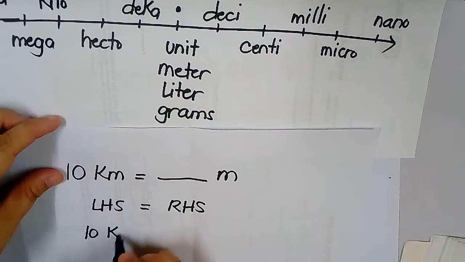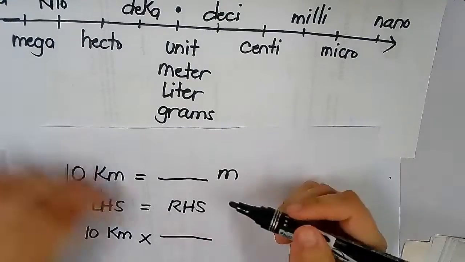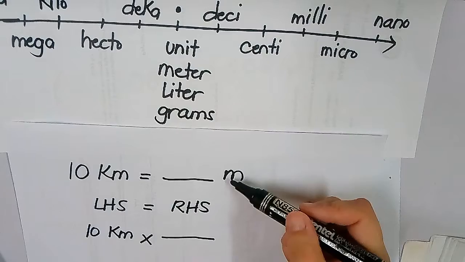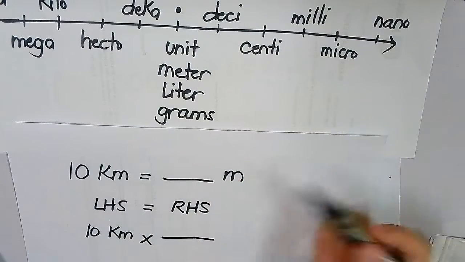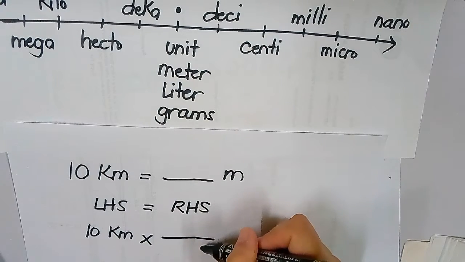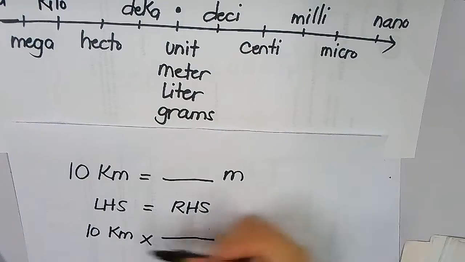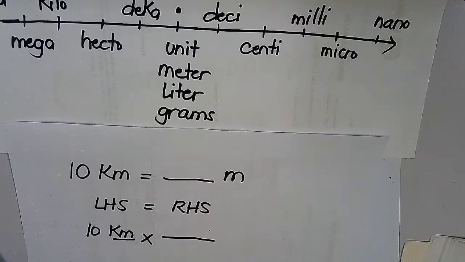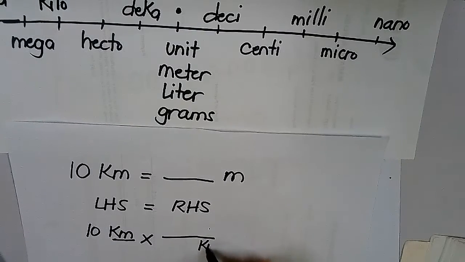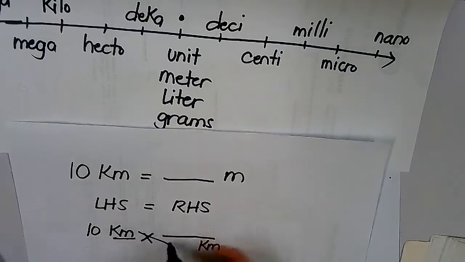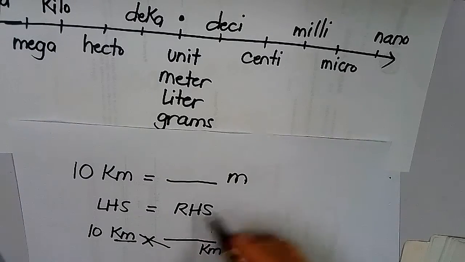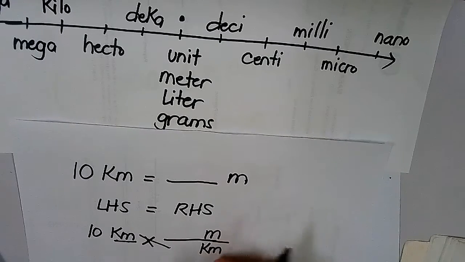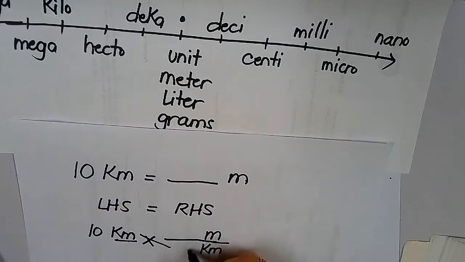So, for 10 kilometers, this is how you solve it. We multiply by the conversion. How many kilometers are there in a meter? We are comparing meter and kilometer, so it can get confusing which one goes in the denominator and which one in the numerator. The tip: you have to put the unit of measurement that is in line with this one. Which one is in line with this? Kilometer. So kilometer goes here, so they can cross-cancel. Naturally, meter is up here. Now, which one is bigger, kilometer or meter? Kilometer, right? So, kilometer will be 1.